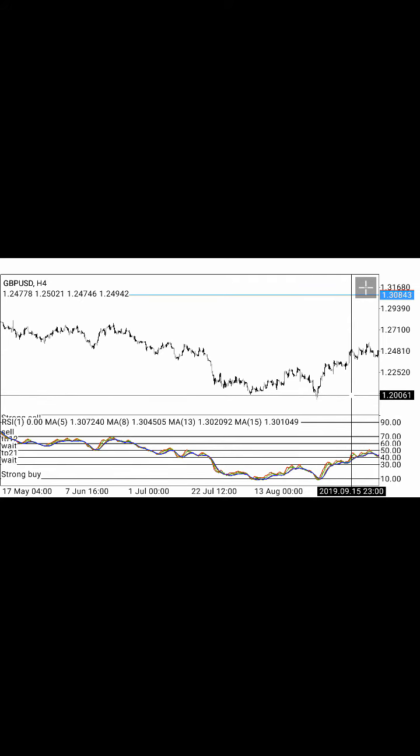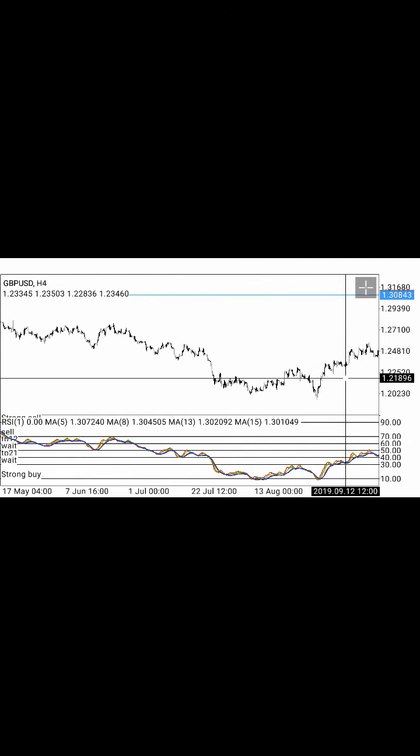I prefer my stop loss to be 10 or 20 pips below. In this case, GBP/USD, maybe my stop loss will be around here. It was going to kick my stop loss, so I move the stop loss a little lower and re-enter a buy here. Or if it went up, I protected my profit. The first thing I make sure of is to protect my profits.